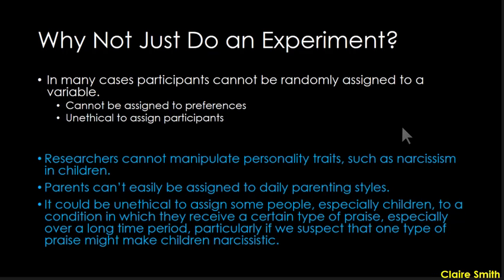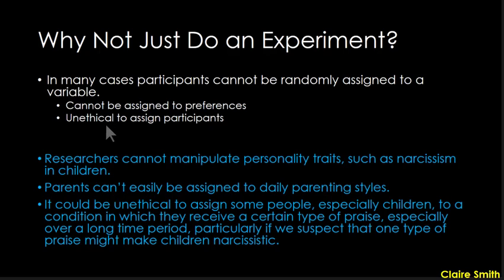But why not just do an experiment? This should be pretty self-explanatory, but in many cases, participants can't be randomly assigned to a variable. So if there are preferences that you're trying to look at, you can't necessarily tell people what they need to be interested in or what they want to do. And also in some situations, it's going to be unethical to assign participants to different groups.